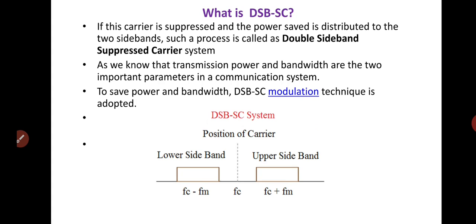Only 1/3 of the total power transmission is allotted to the sidebands, while the remaining 2/3 power is wasted in transmitting the carrier.